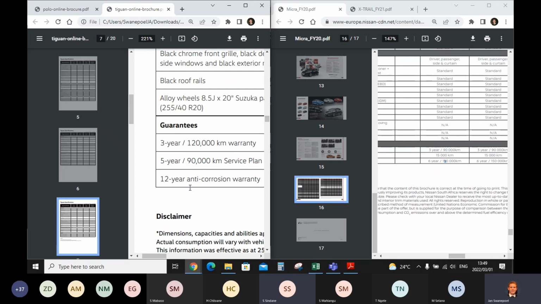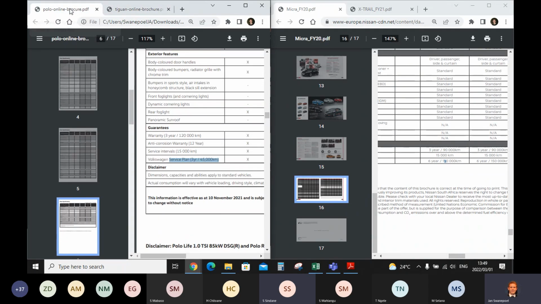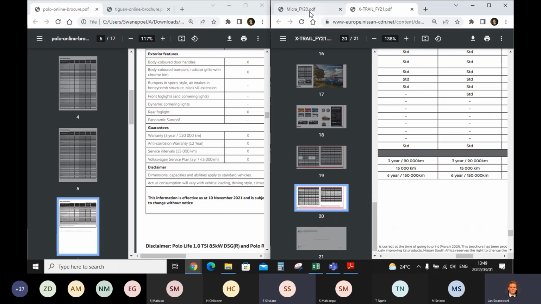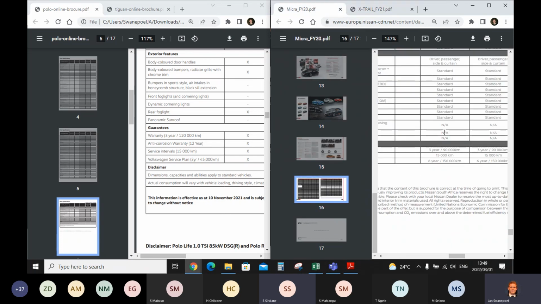So that comes from client need. Né? So you can see how VW alters these types of utilization phase of the life cycle to match their client needs. Whereas with Nissan, the Micra and the X-Trail are exactly the same. So they expect the same guys to be driving an X-Trail and a Micra. So that's quite cool, né?